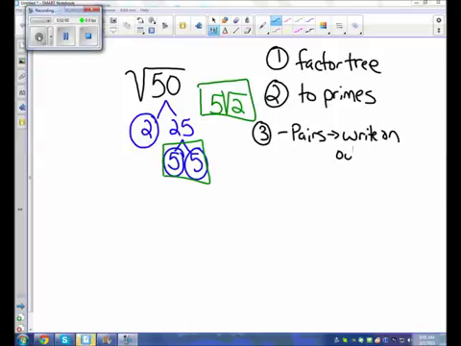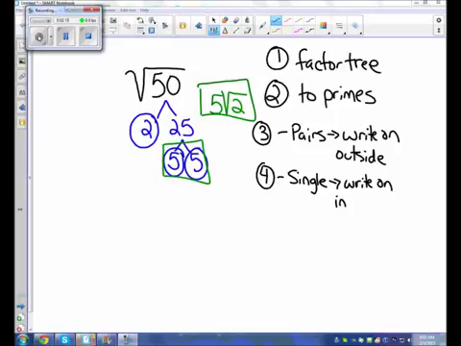And remember, if I have more than one pair that comes out, I multiply those things together. And then the singles, okay, are single numbers. We're going to write on the inside of our radical. Okay? And that's just what we did.